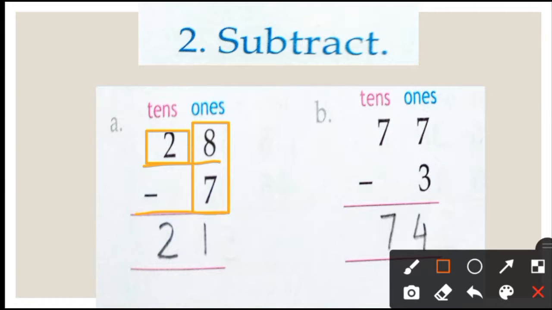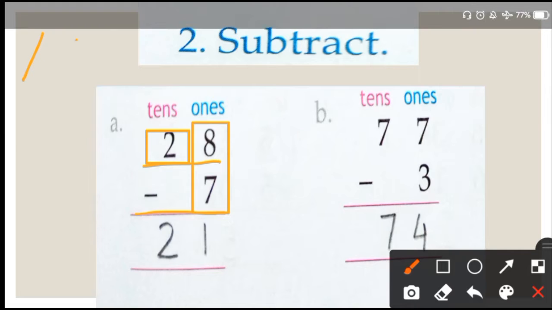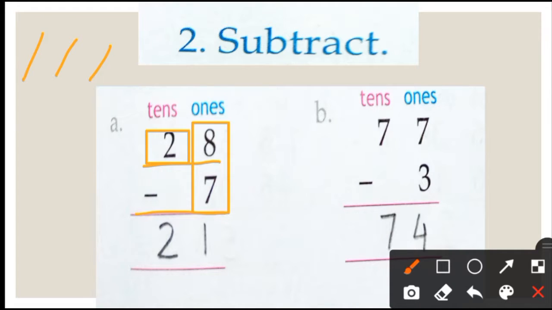Okay students, now first of all we will subtract our ones part. It means 8 minus 7. For this question we will draw 8 lines. 1, 2, 3, 4, 5, 6, 7 and 8.